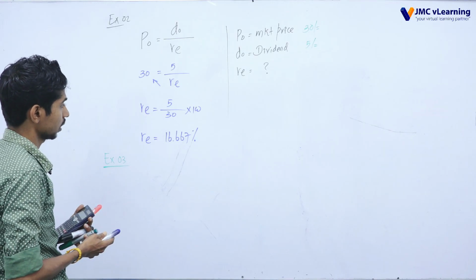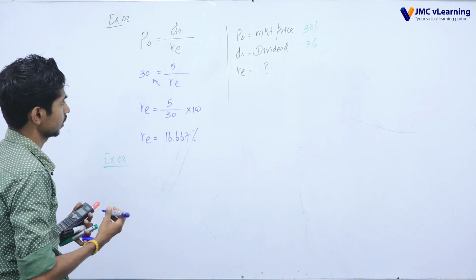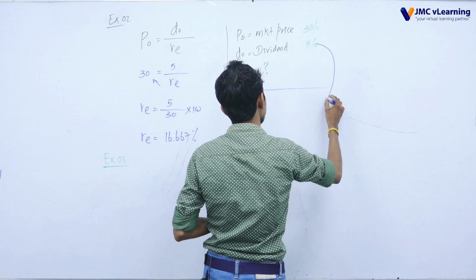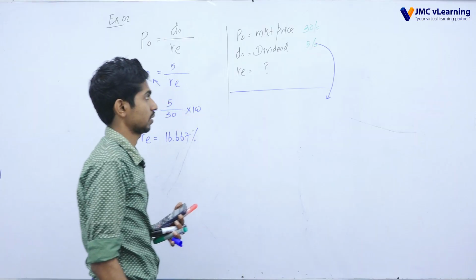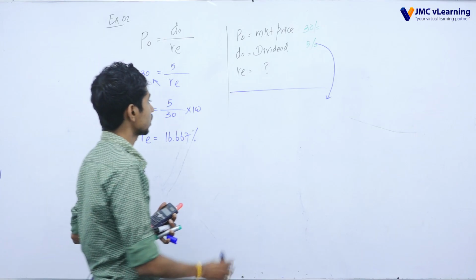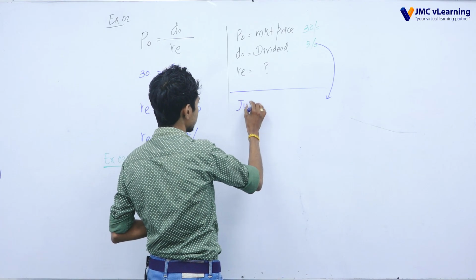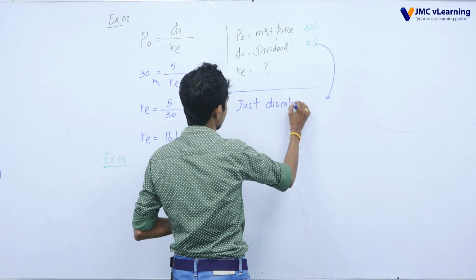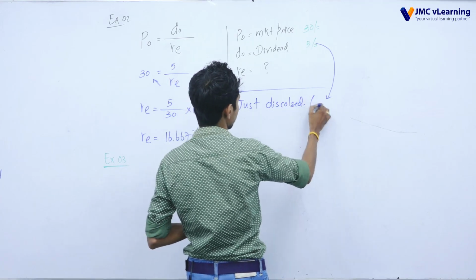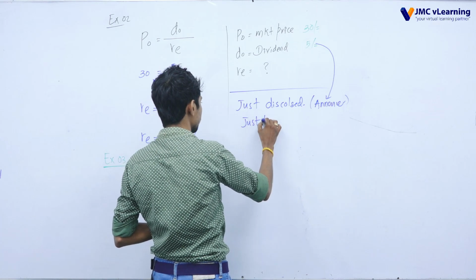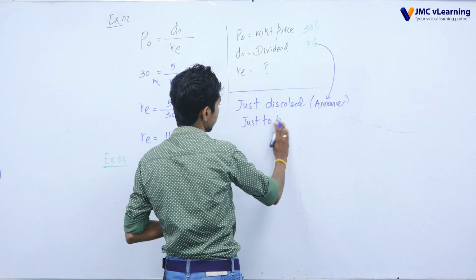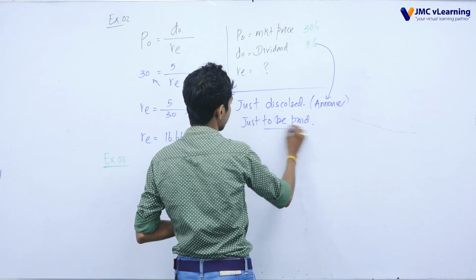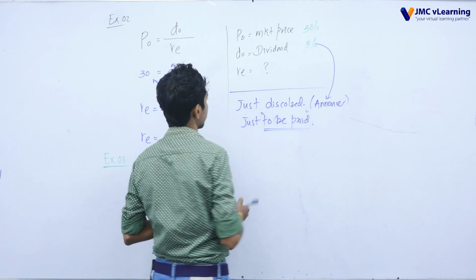Okay, I will bring another example with the same information, if it is the normal method, we can see here. Did you remember under this dividend payment, just disclose, no? Disclose means announce, to be paid, that means still not paid, they are willing to pay.